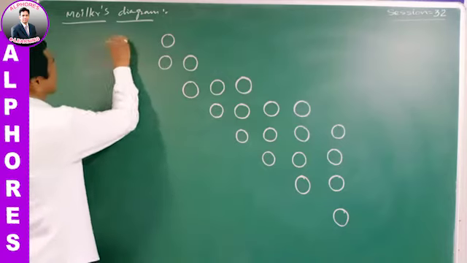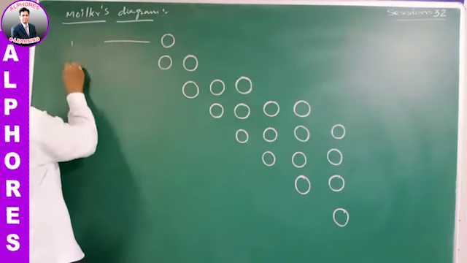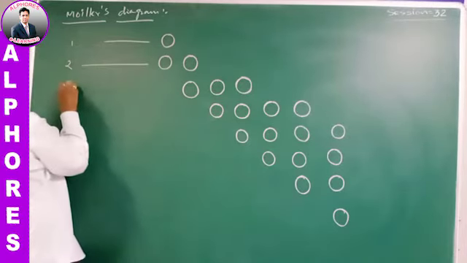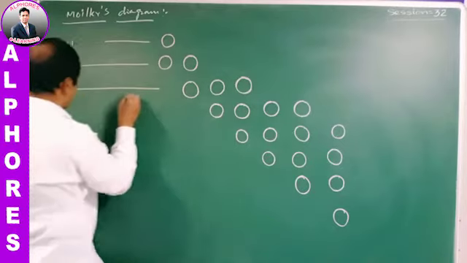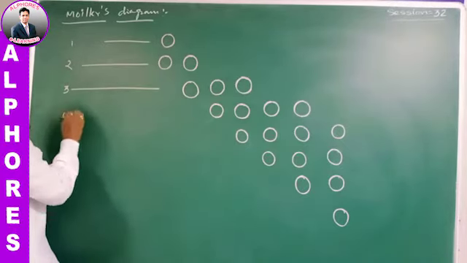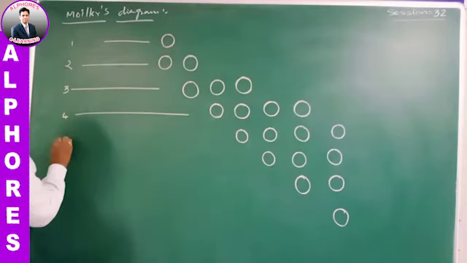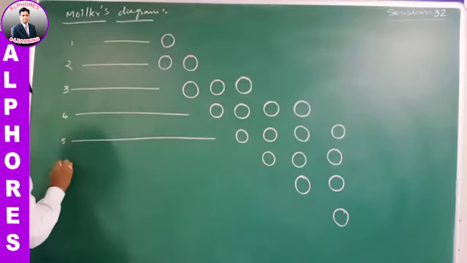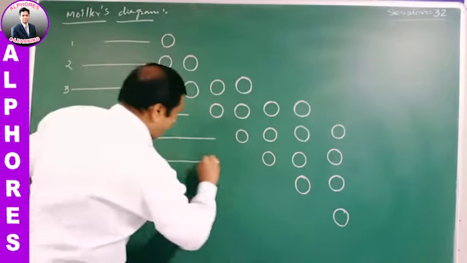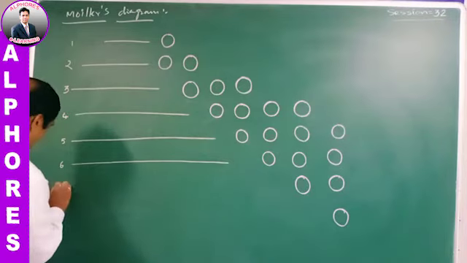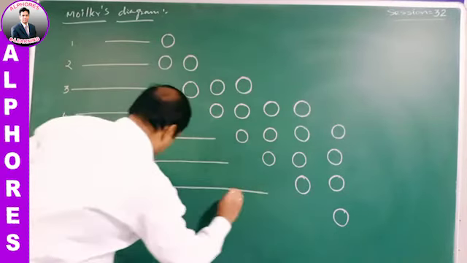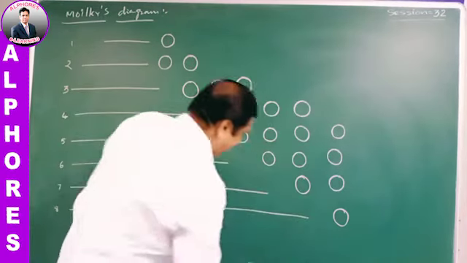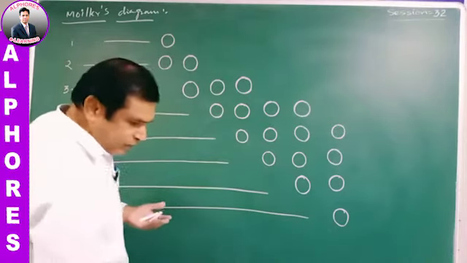This is the first orbit, this is the second orbit, this is the third orbit, the fourth orbit, the fifth orbit, the sixth orbit, the seventh orbit, and last we have the eighth orbit.